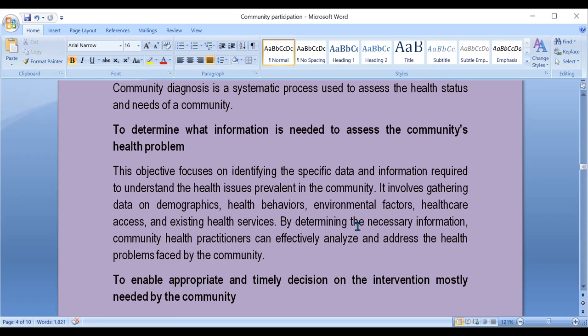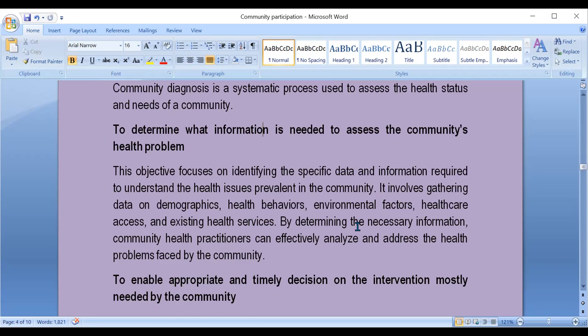So that is why it's a systematic approach. One of the aims is to determine what information is needed to assess the health problems, because you cannot actually identify what is the problem of these people unless you have gathered data. And for the data you've gathered, you now make analysis and come up, this is the problem, and prioritize based on resources.